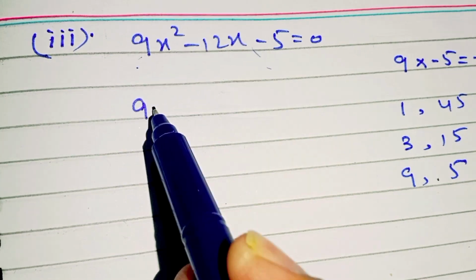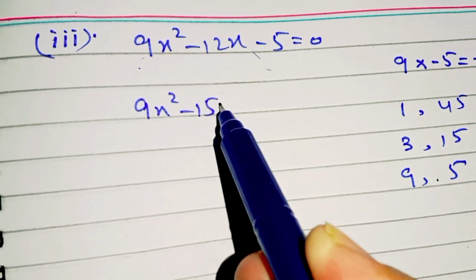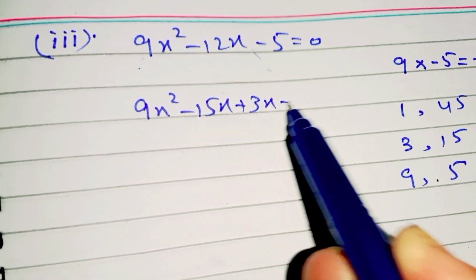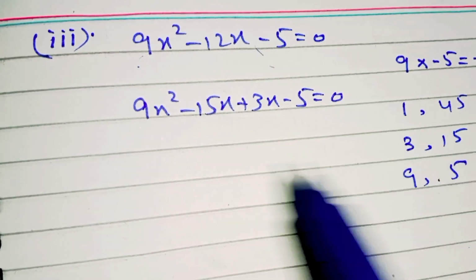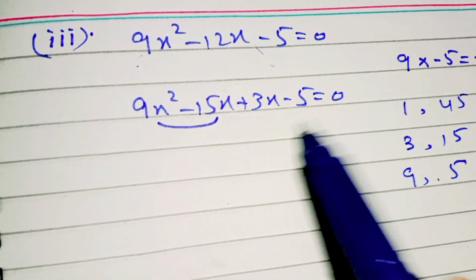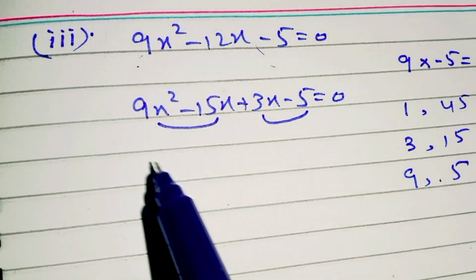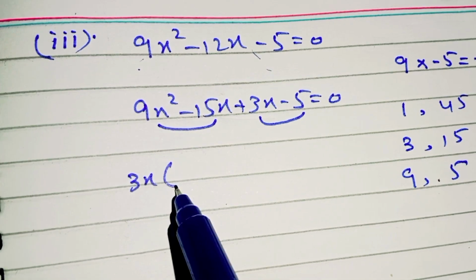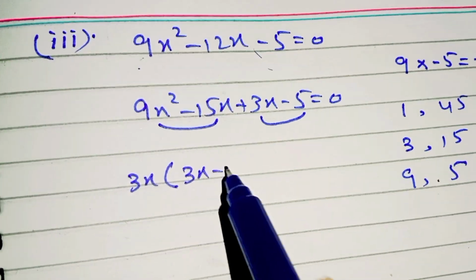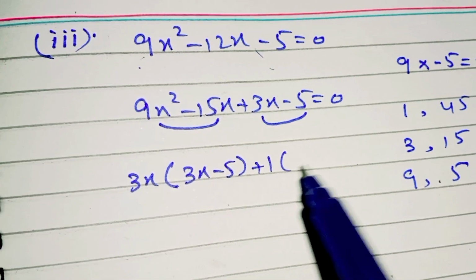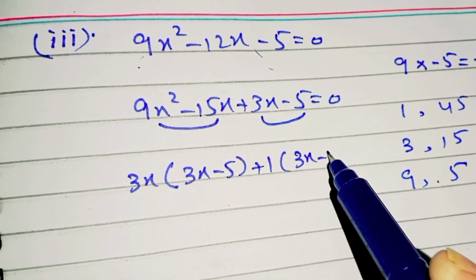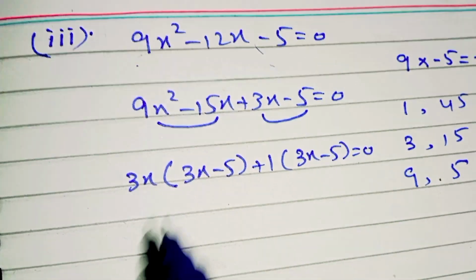We have 9x square minus 15x plus 3x minus 5 is equal to 0. Taking common 3x from the first 2 terms and only 1 from the second 2 terms, 3x into 3x minus 5 plus 1 into 3x minus 5 is equal to 0.